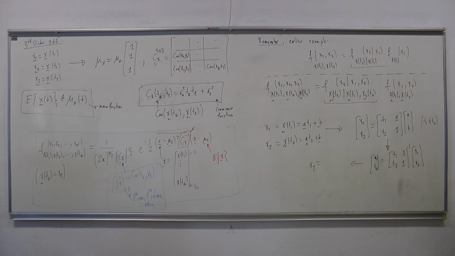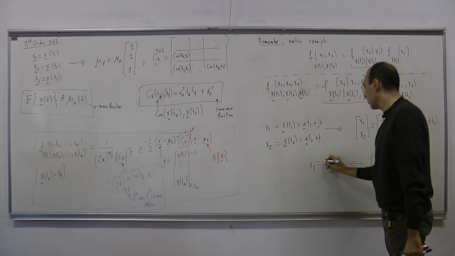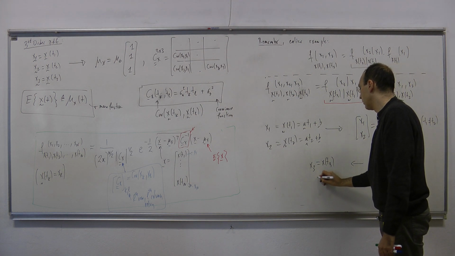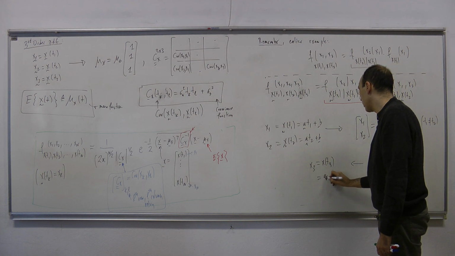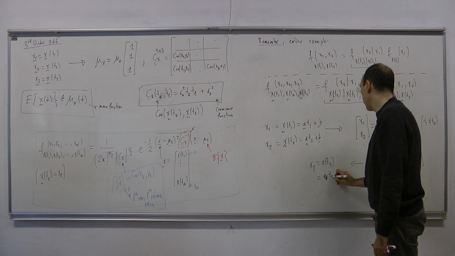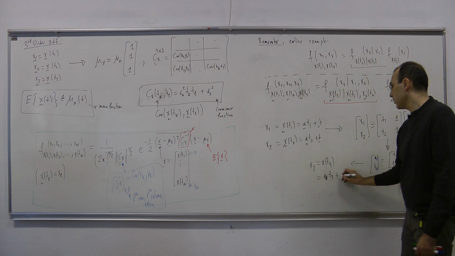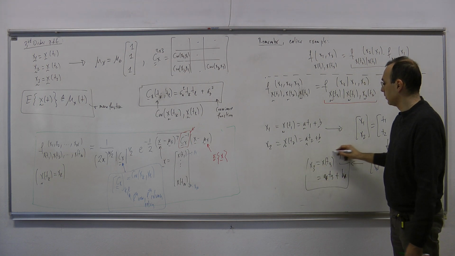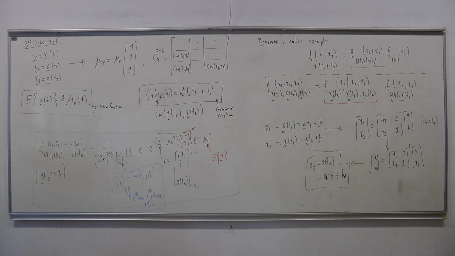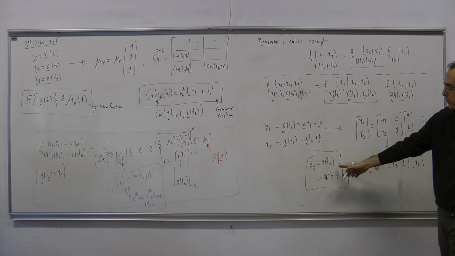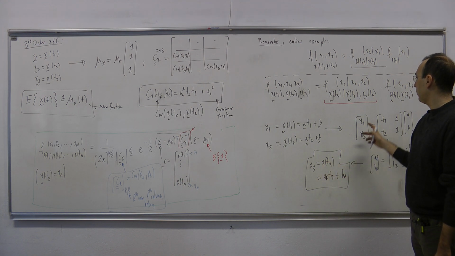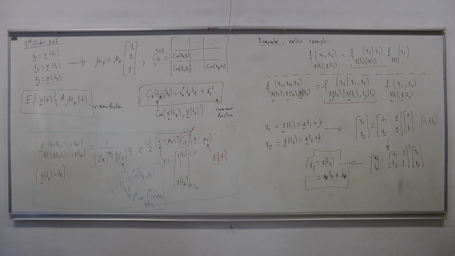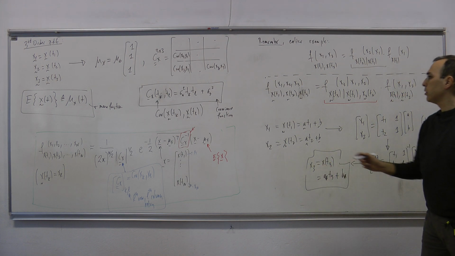I have calculated these values. Then X3 is, by definition, A star times T3, this value, plus B star. So do you think this is deterministically found, as you see? So if I have only two observations, then that is sufficient to find any other observation.